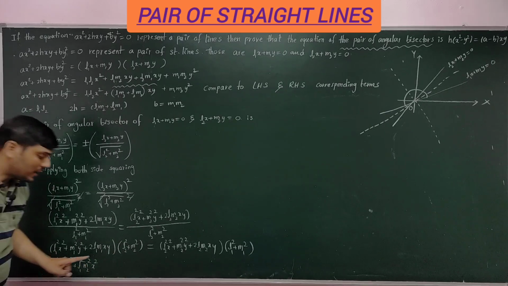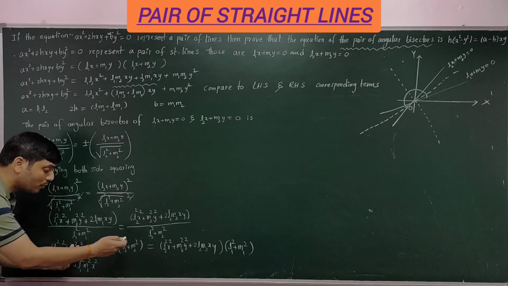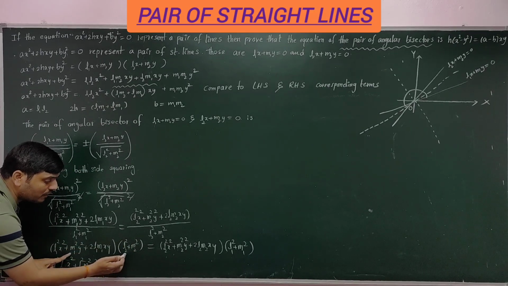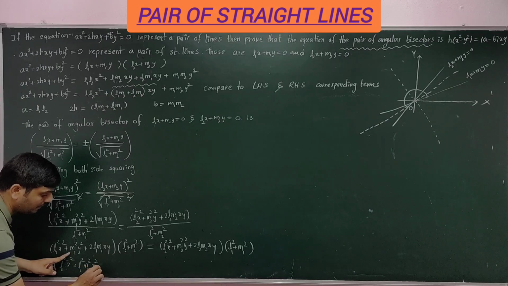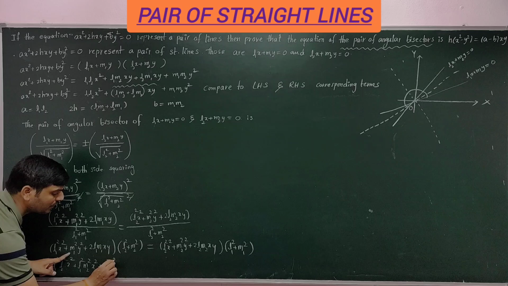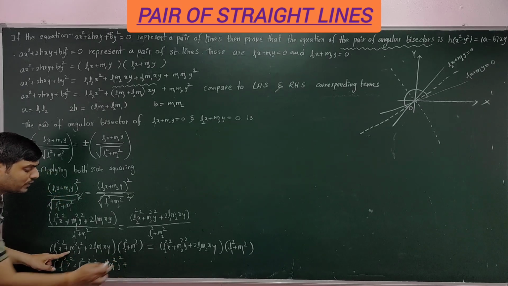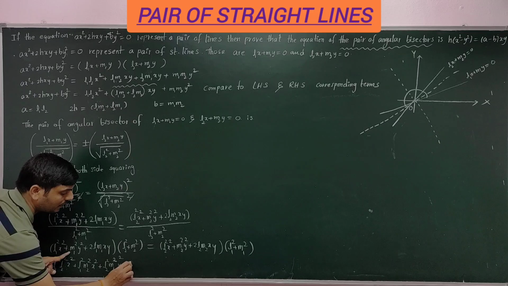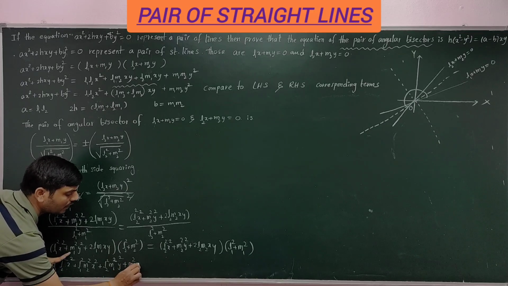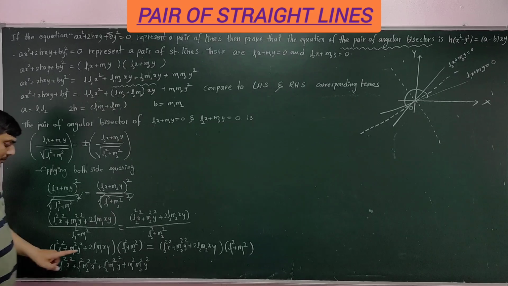The first term is multiplied to both terms. Okay, now the second term multiplied to both terms. Tell me here. First of all, write this L2, after that m1: L2 square m1 square y square, plus m1 square m2 square y square.